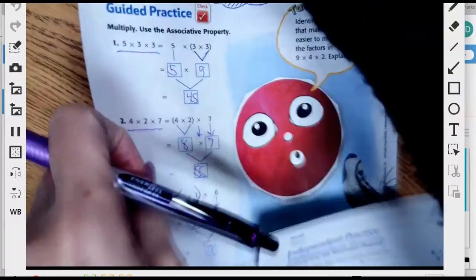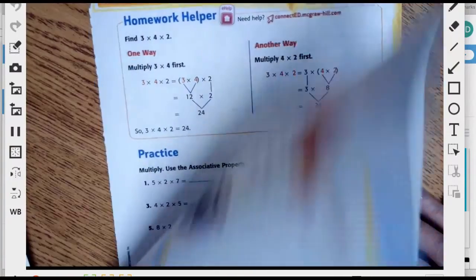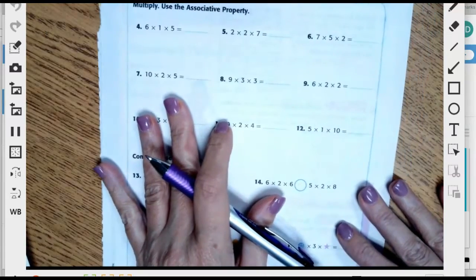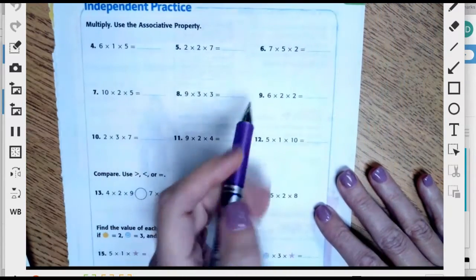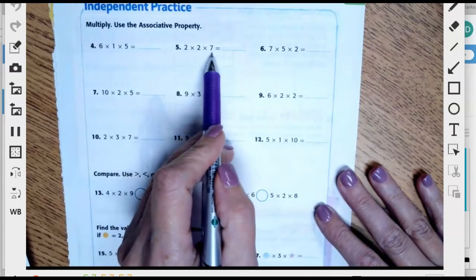All right, here's what you're going to be doing in Google Classroom. You're going to have page 169, 170, 171, and 172 to do. Okay. So I'm going to go over one of these to show you how I would do it. So if I look, let's say this one, 2 times 2 times 4.